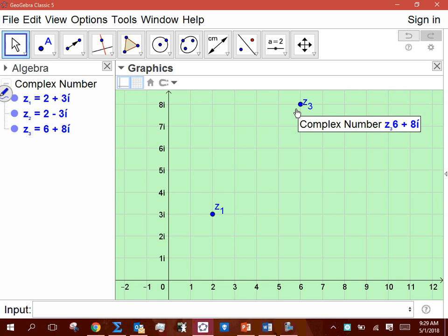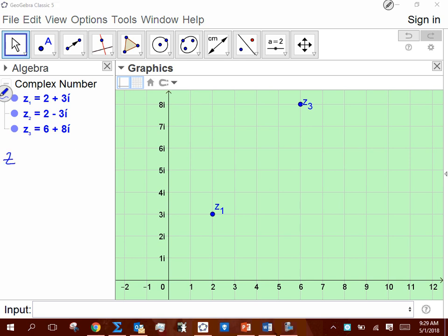Whenever they ask you to find maybe Z1 plus Z2 and graph that, all they're asking you to do is add the two complex numbers together and then graph that sum, or what you produce.